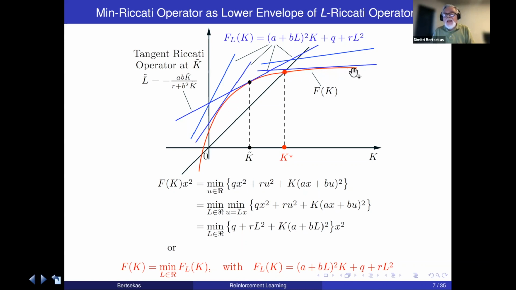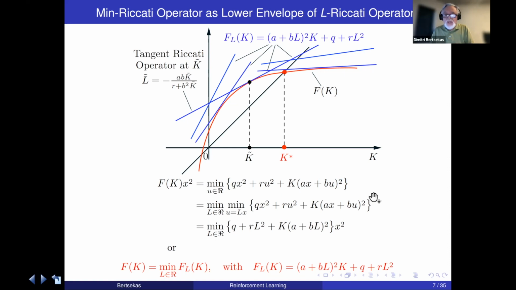In other words, the area underneath the red curve is the area underneath all of these blue lines. These lines can be brought down to being tangent to this red curve. And that's what we mean when we say that the min Riccati operator is the lower envelope of the L Riccati, or the min Riccati graph is the lower envelope of the L Riccati graphs.